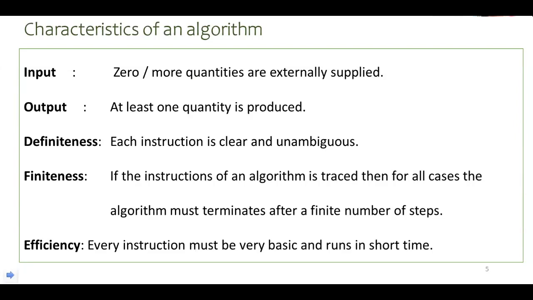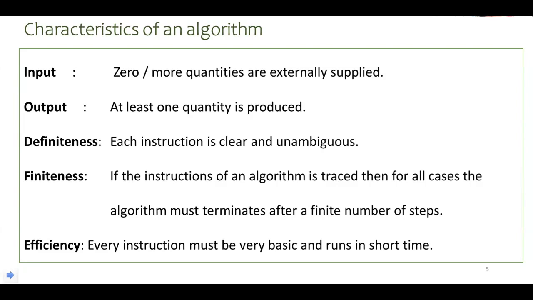And then coming to definiteness. Definiteness is nothing but being unambiguous, it must be clear. Whatever instructions you have provided in your algorithm must be clear, right? And finiteness: if the instructions of your algorithm are traced, then for all cases the algorithm must terminate after a finite number of steps.